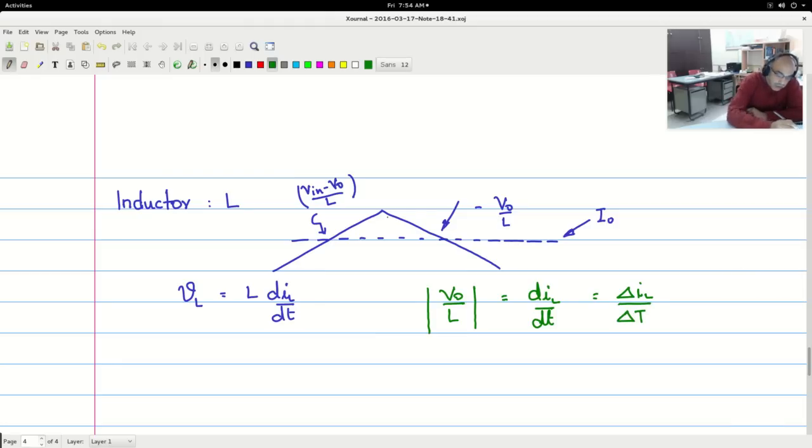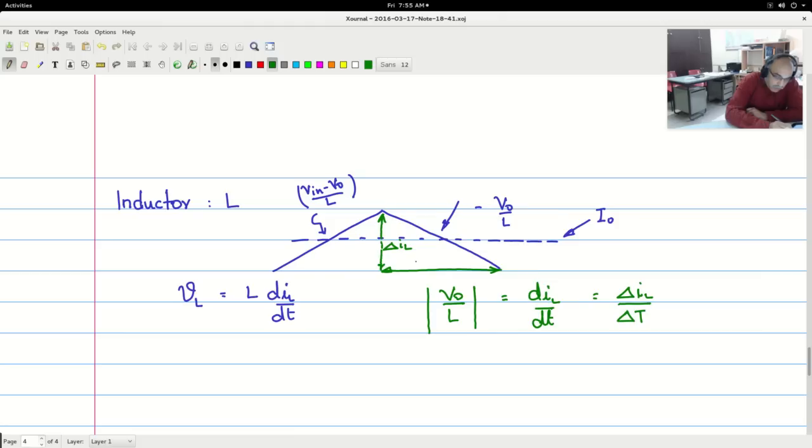Now in this particular buck converter waveform case, delta IL is this much. So there is a change in delta IL from here to here in terms of time, within this time.